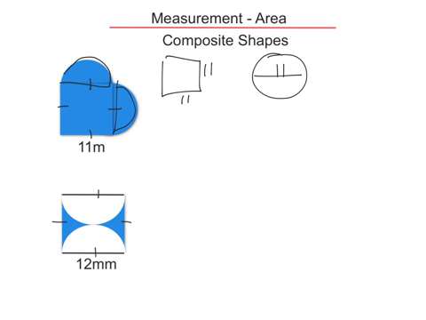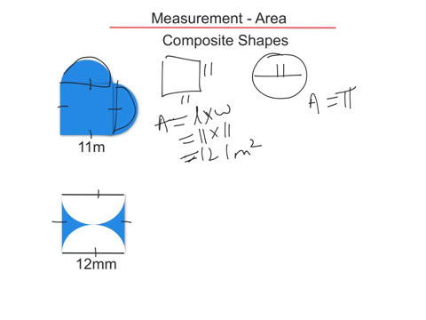So the area for the square is going to be length by width, which is equal to 11 times 11, which is 121 metres squared. And the area for the whole circle, which is the two halves put together, will be pi times r squared.